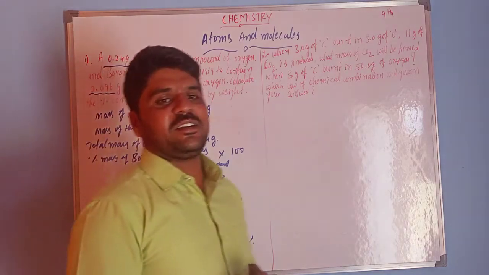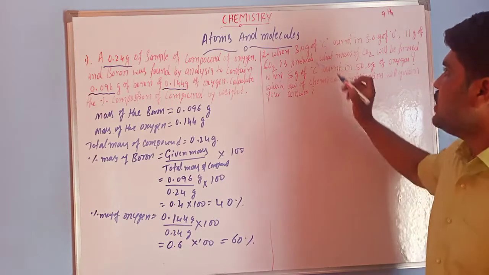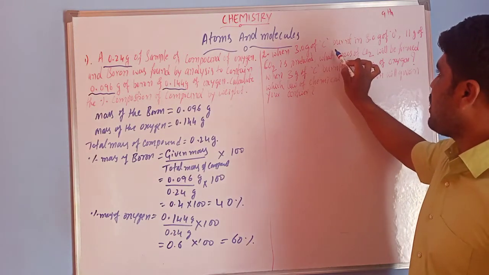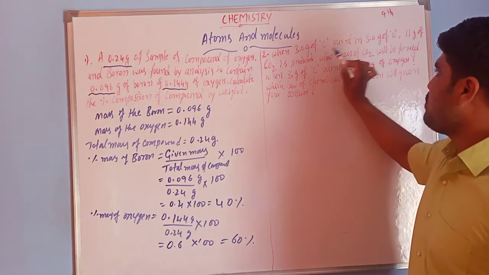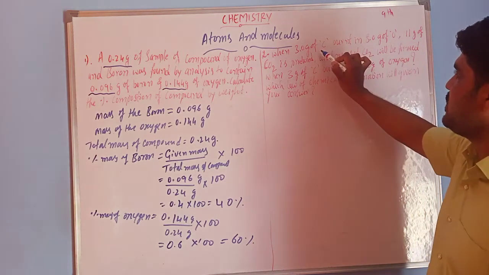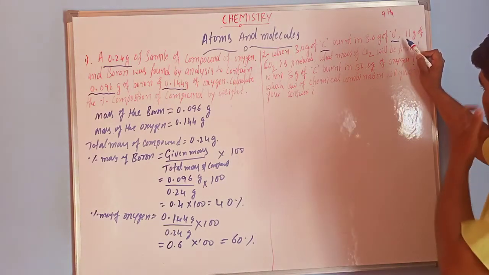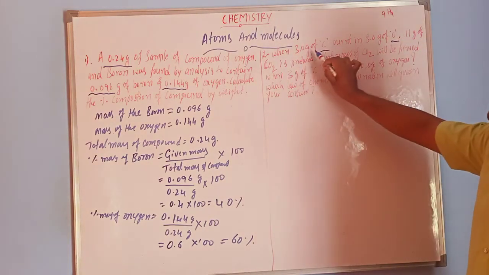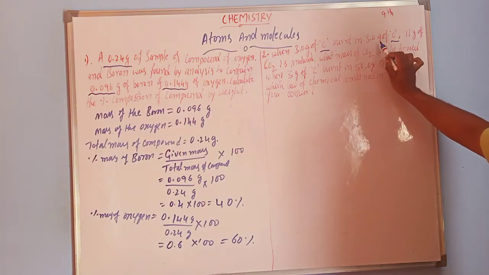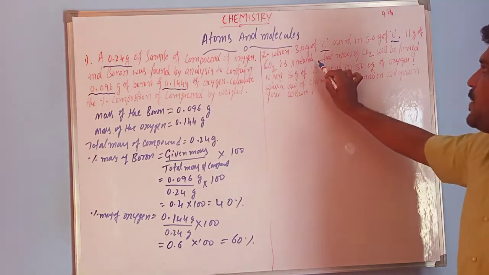Okay. Next, the second problem. Carefully observe, this is somewhat tricky. When 3 grams of carbon is burnt in 8 grams of oxygen, 11 grams of carbon dioxide is produced.